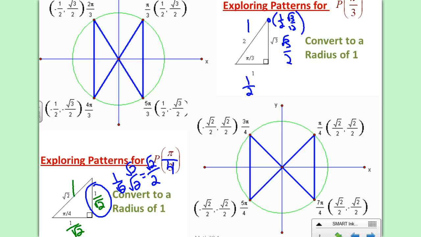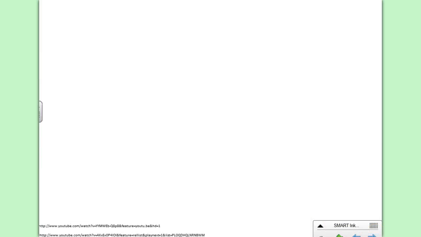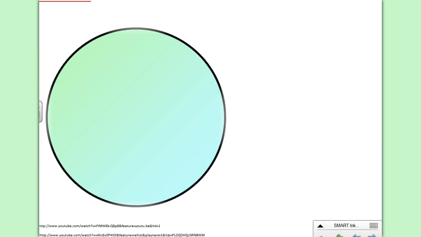Okay? So what are the exact values for each of those points? Root 2 over 2, root 2 over 2, 45 degrees. And in each of the quadrants, the points change to be positive or negative x values and y values depending on what quadrant they're in. Okay, so those are the exact values for 45.